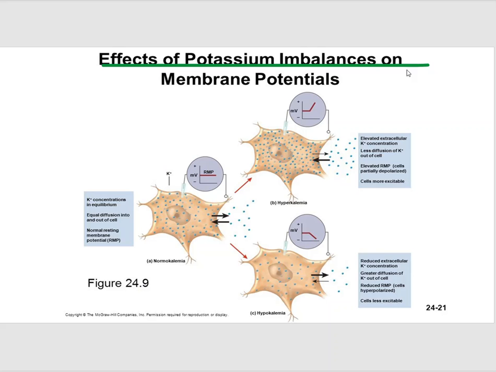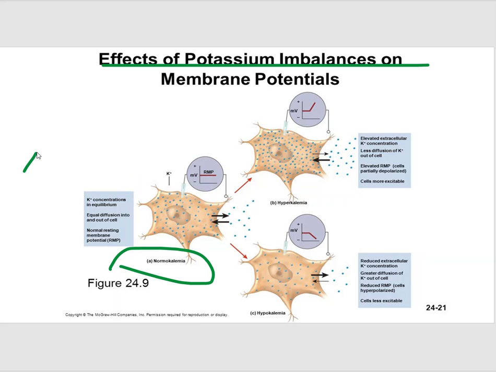Okay, effects of potassium imbalances. Normal kalemia, when we've got our potassium in the range, they don't put it down here. It's around 3.5 to 5.5, something around there. Again, you don't have to know all this. So if I have the normal amount of potassium on the inside and the outside, then the resting membrane potential is going to be at its normal level.